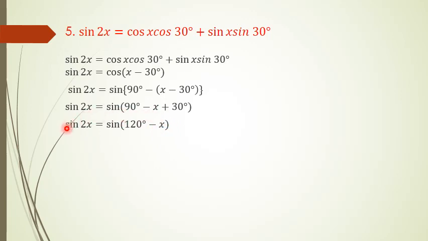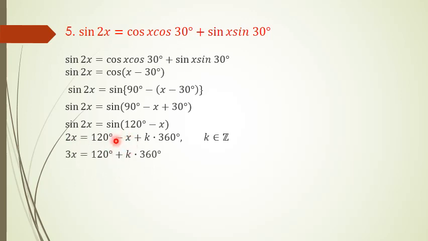Now, if the functions are the same, then the angles must be equal. But then they keep repeating because this is a periodic function. So our solution, 2x equal to 120 degrees minus x plus k times 360 degrees, where k is an integer.